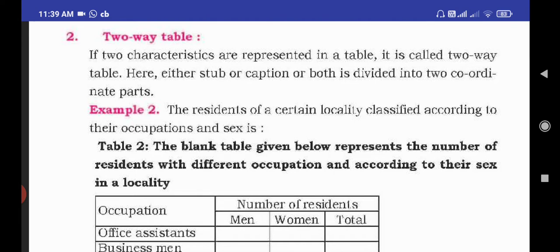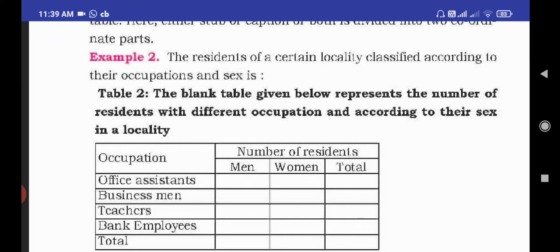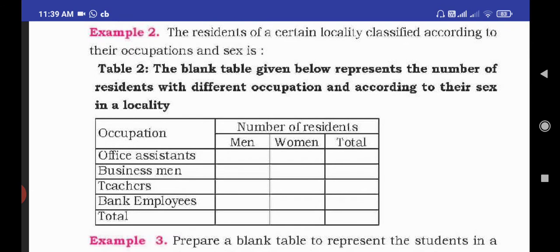So take an example here. The table given below represents the number of residents with different occupations according to their sex in a location. In this table, they give information on occupation and then number of residents. Occupations are different: office assistants, businessmen, teachers, bank employees and total. Under the number of residents we are giving importance to two characteristics.